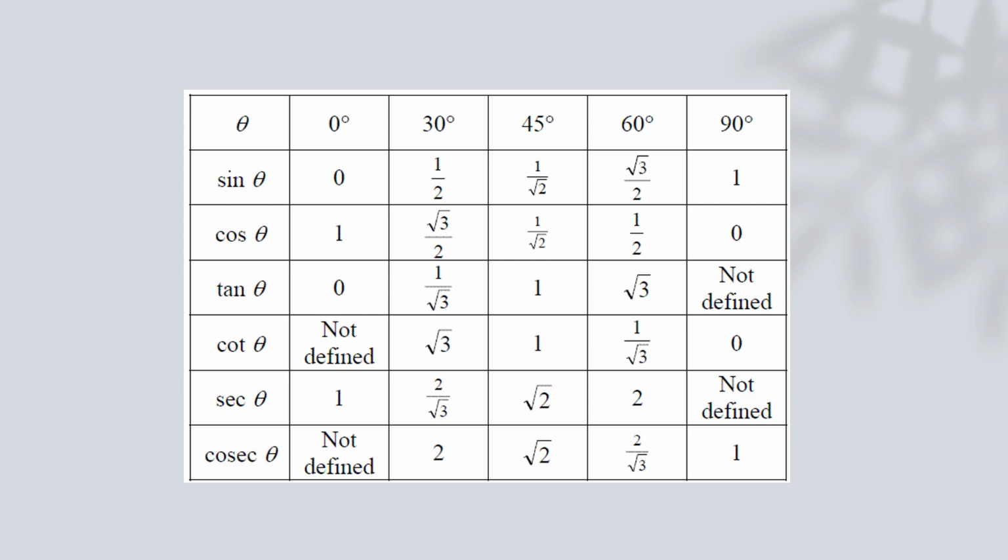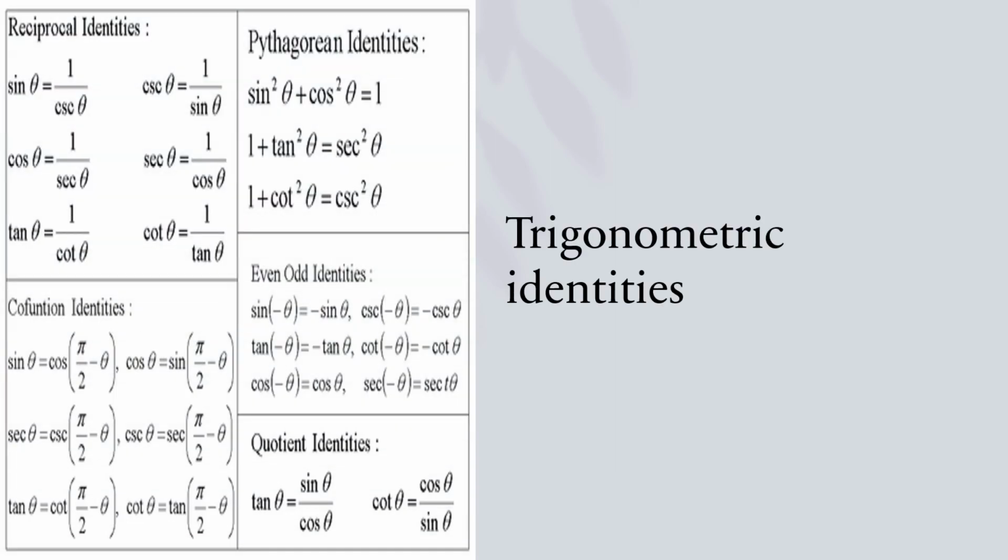So it means if you go back to the previous slide, one of the sides of the right angle triangle has a value 0.